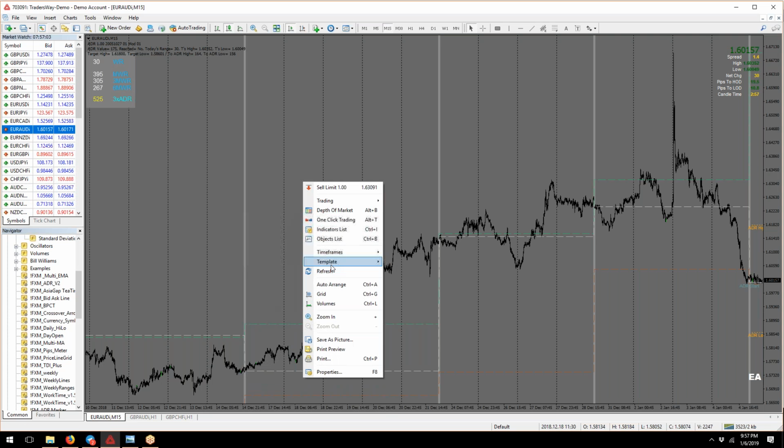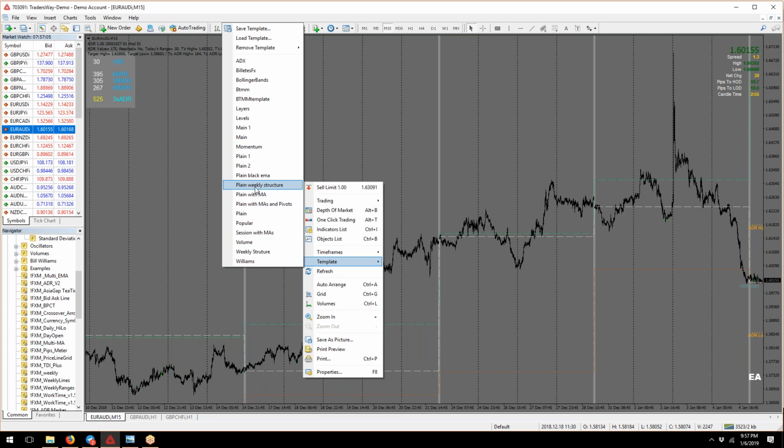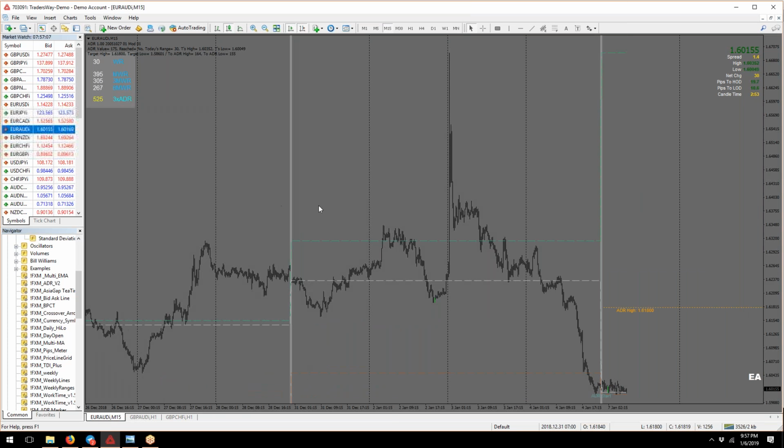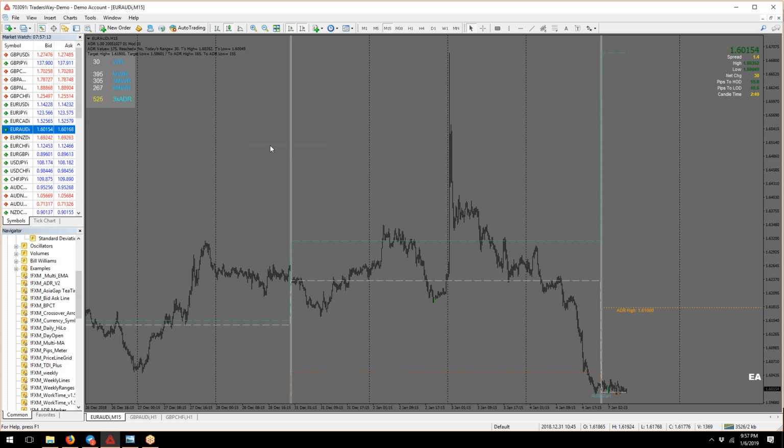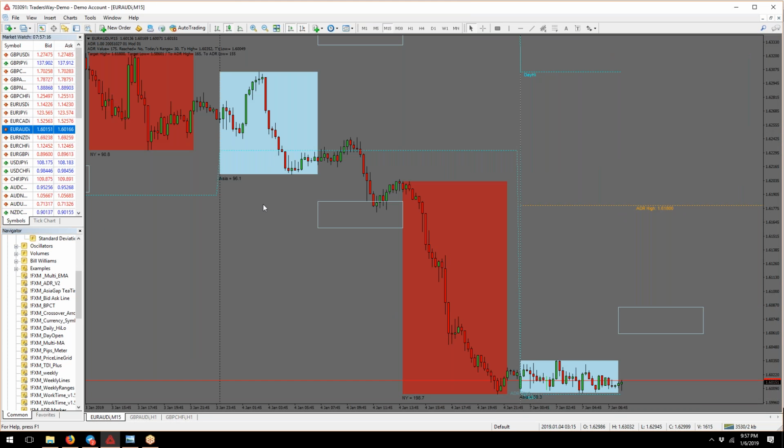Now you can go from the weekly structure template to the template that has all the indicators. Boom. Because once you form your buys, you know what you're looking for. Or you can always manually drop the moving averages. I have a template that has the moving averages already on there for your entries. Click it and just drop it in there.